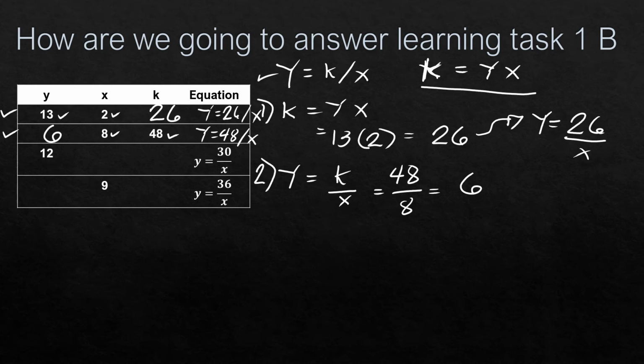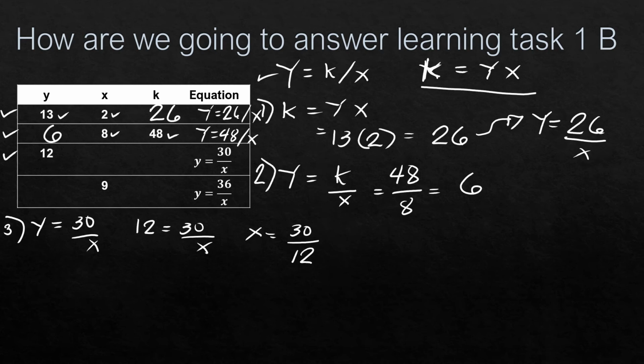Next, third line. For our third line, we're given with y and the equation. The equation is y is equal to 30 over x, and y is 12. So, 12 is equal to 30 over x. Either x or y, pag inverse, ay magdi-divide po tayo. So, x is equal to 30 over 12.